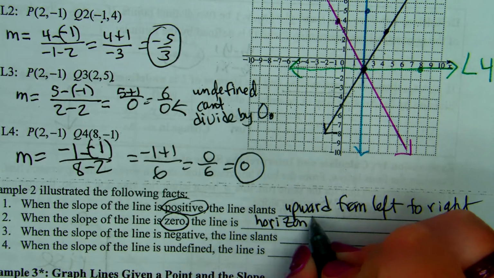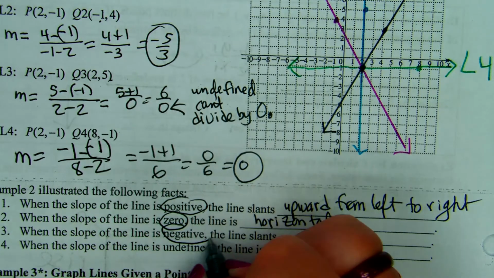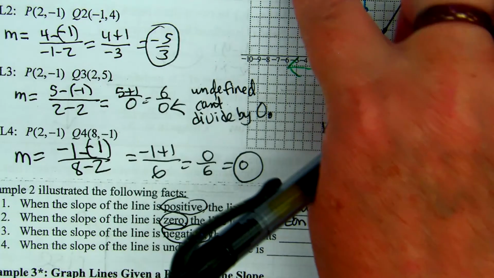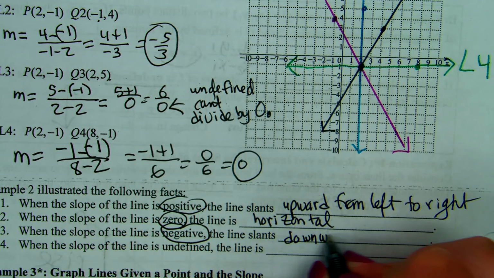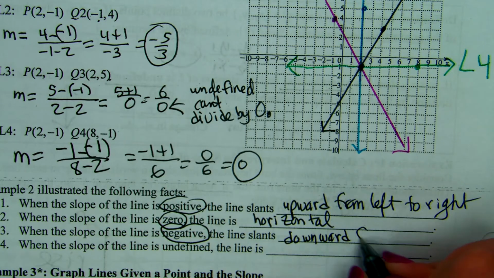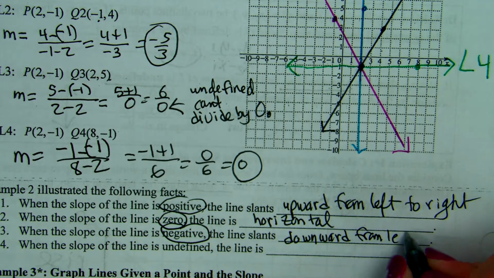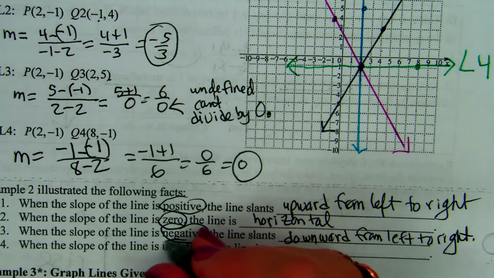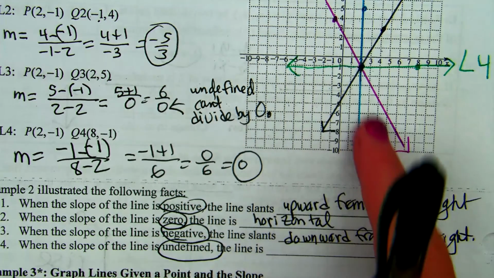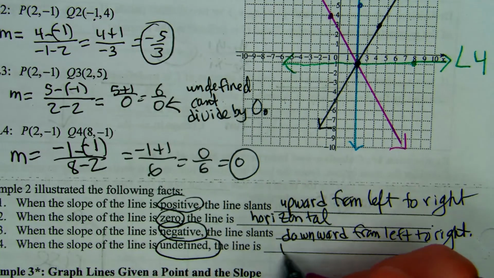Horizontal. If the slope of a line is negative, like B, line 2, then instead of going upward, it's downward from the left to the right. And the last one is if it's undefined, then we know that it's vertical.